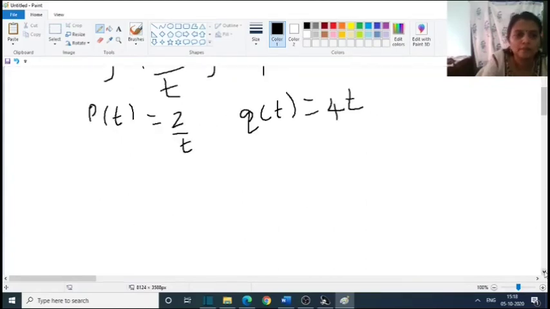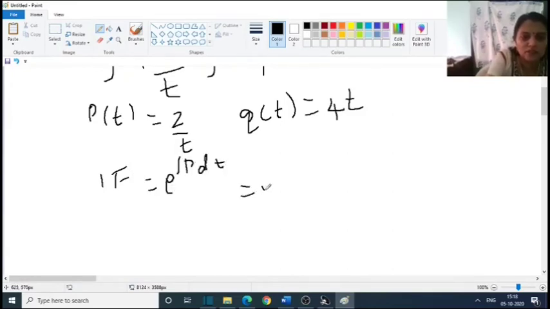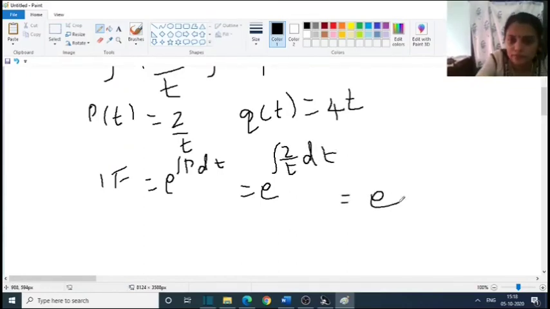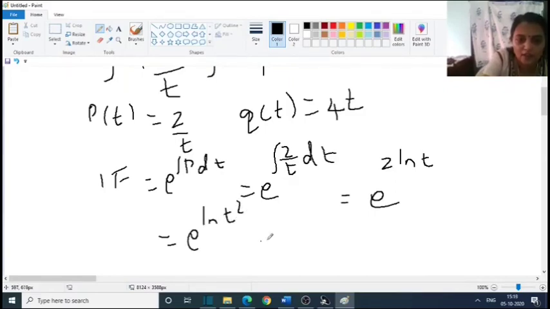So the integrating factor is equal to e raised to the integral of p dt, which is equal to e raised to the integral of 2 by t dt, which is equal to e raised to 2 ln t, which is equal to e raised to ln t square, equal to t square.